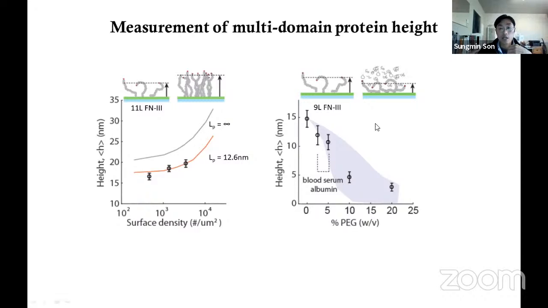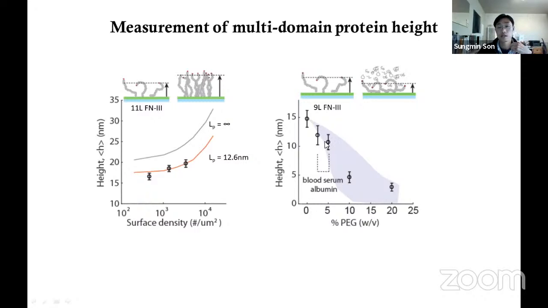So in our case, we wanted to test this solution osmotic effect by adding an osmolyte, in this case PEG. And as we increase this PEG concentration, most importantly to the level that resembles the protein levels in blood serum, the height of proteins starts to decrease significantly.